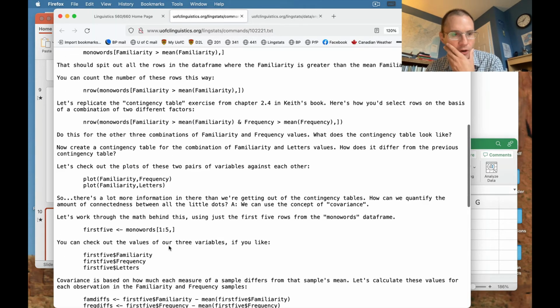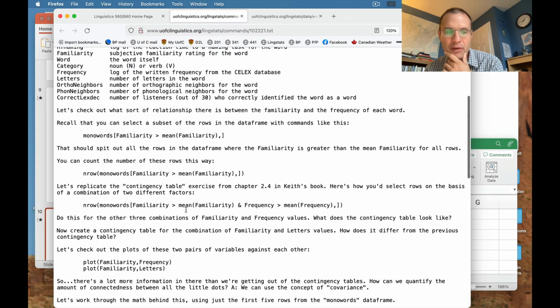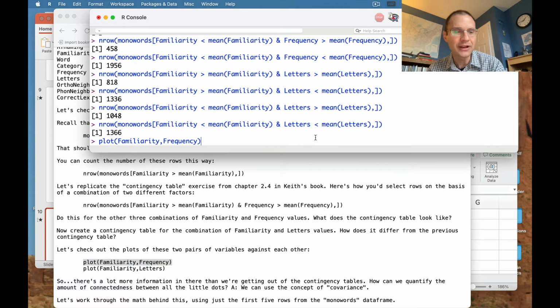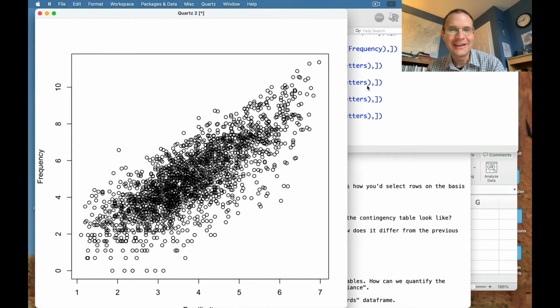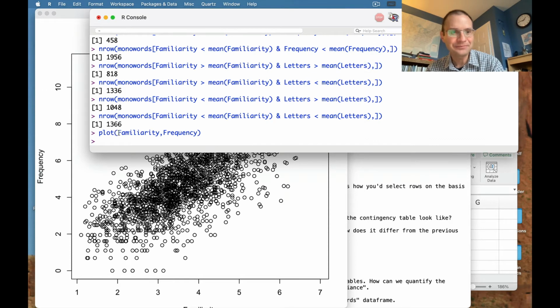Okay, so we can also look at that in a couple of different ways just by plotting the data. And if you've ever wondered how to make a scatter plot in R, here's how you do it. It is simple. You just say plot and put this value for the x dimension, or the horizontal dimension, and then this variable for the y dimension, or the vertical dimension.